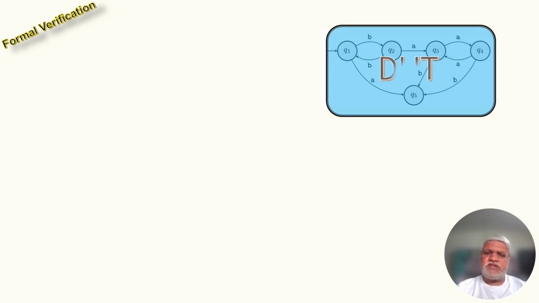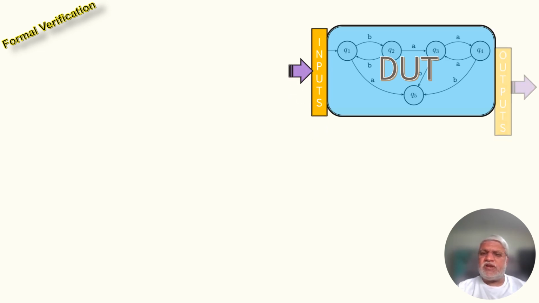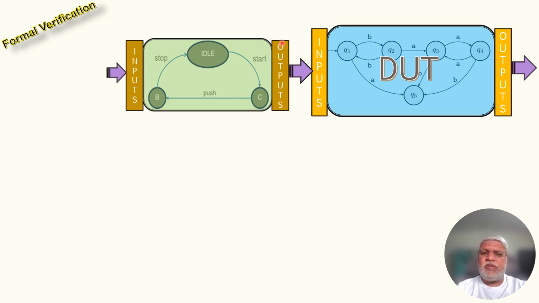We will briefly discuss formal verification property based checking. Here the RTL is represented as the DUT, and there are several states shown here with certain excitations. So this has some inputs and outputs. These inputs of the DUT are coming from another module. This module can be part of the same design, or it can be coming from another chip.